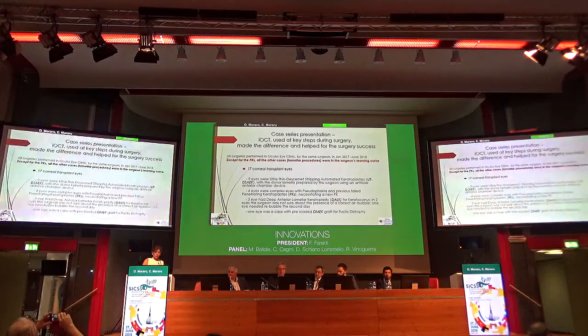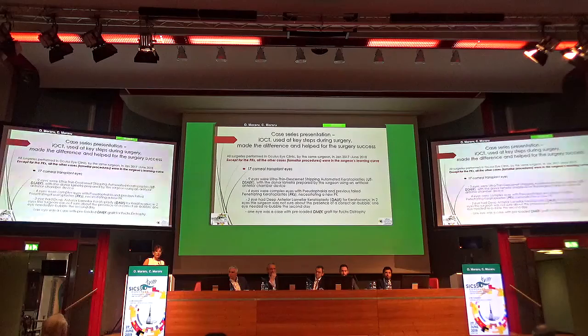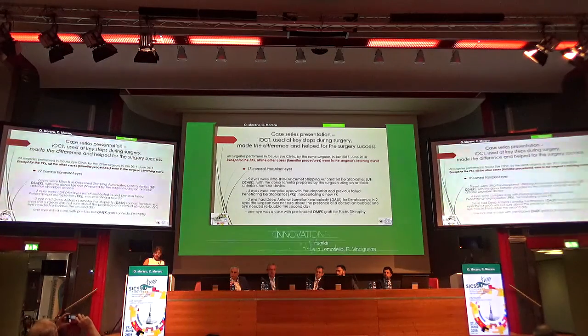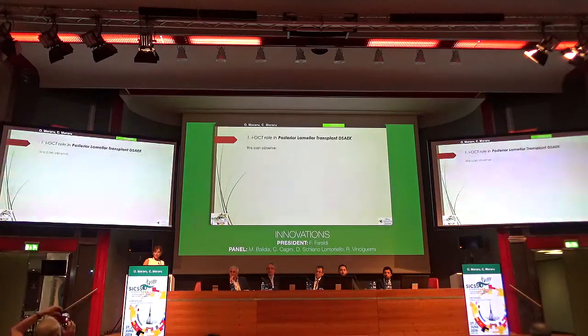I considered 17 corneal transplants: 9 were DSAEK and ultra-thin DSAEK, with the lamella prepared in the OR by the surgeon; 4 were complex cases with prior PK, which were opaque and failed and necessitated a new PK; 3 were deep anterior lamellar keratoplasty for keratoconus; and 1 was DMEK for Fuchs dystrophy.